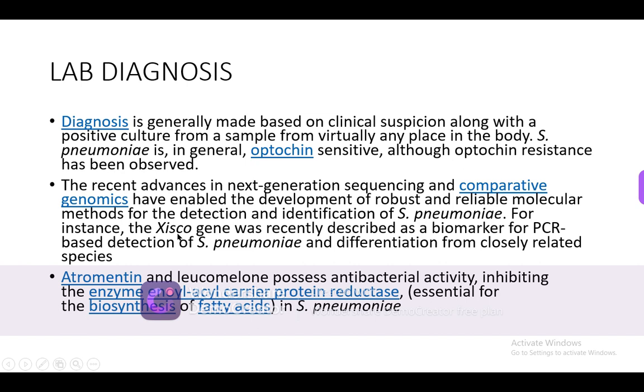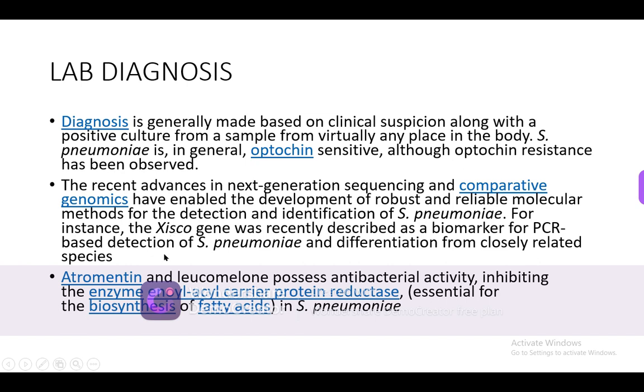The Zixo gene was recently described as a biomarker for PCR-based detection of pneumonia and differentiation of closely related species.